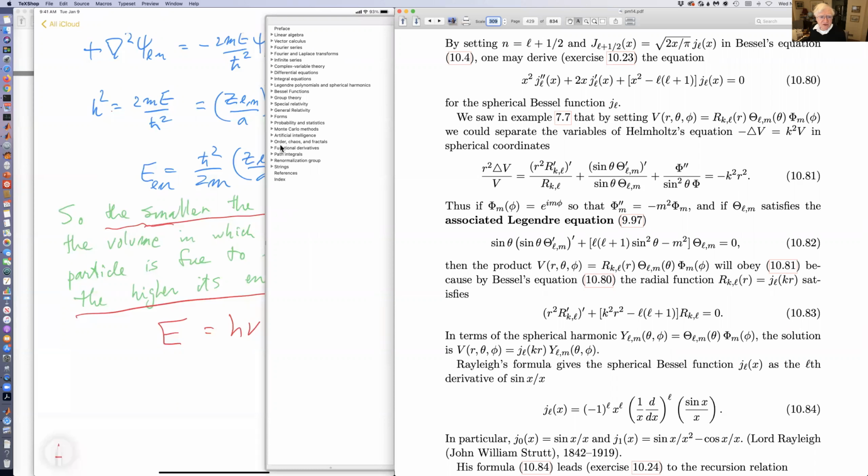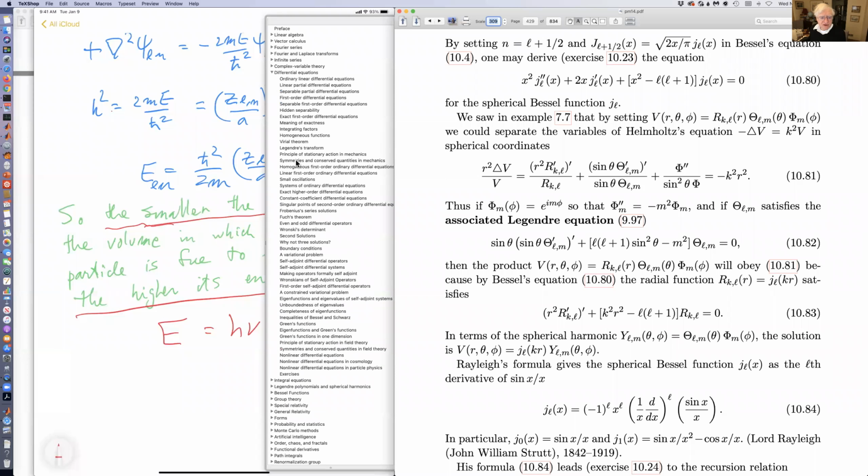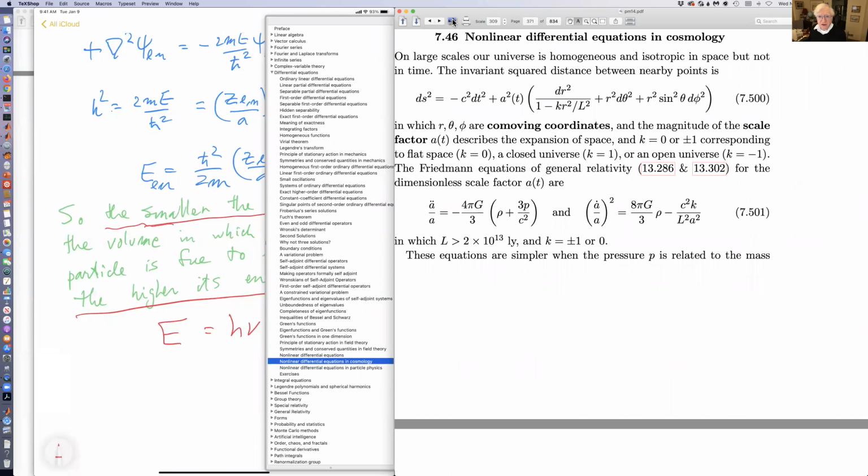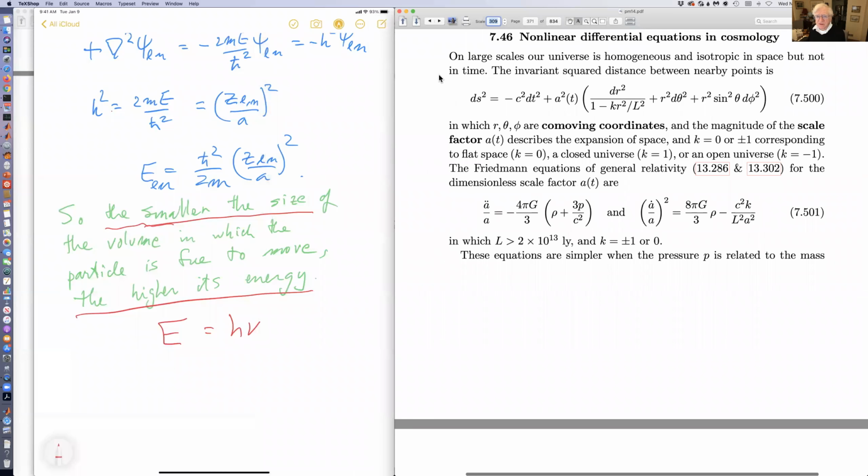let me just remind you of what we did in differential equations, in particular the nonlinear equations of cosmology. As I said to you yesterday, general relativity 40 years ago was a more mysterious subject. Black holes were thought to exist, but their existence hadn't become obvious experimentally. No one had detected gravitational waves.